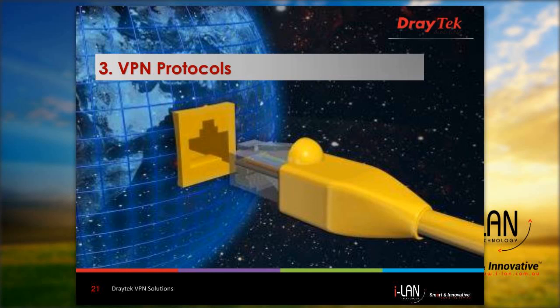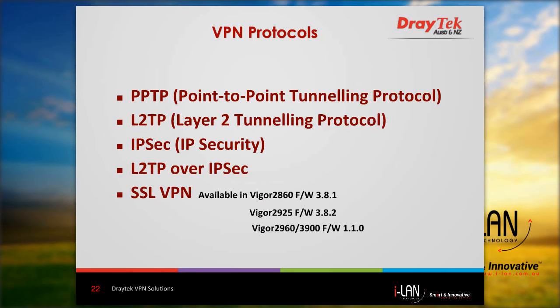So now I'll just quickly go over some of the VPN protocols that are used in the routers. DrayTek includes the most common VPN tunneling protocols in their routers with no additional licensing required.